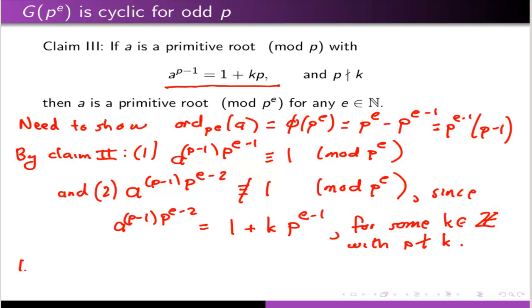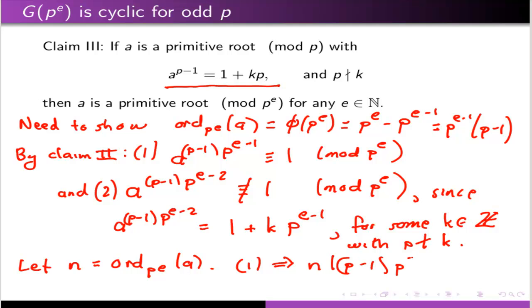Okay, let's let n denote the order mod p to the e of a. And so Euler's theorem, part 1 right here, tells us that n is a divisor of p minus 1 times p to the e minus 1.